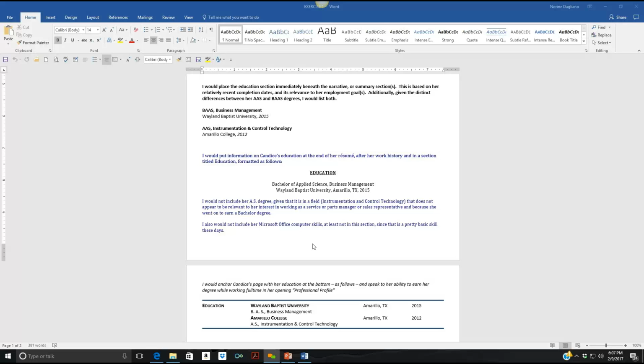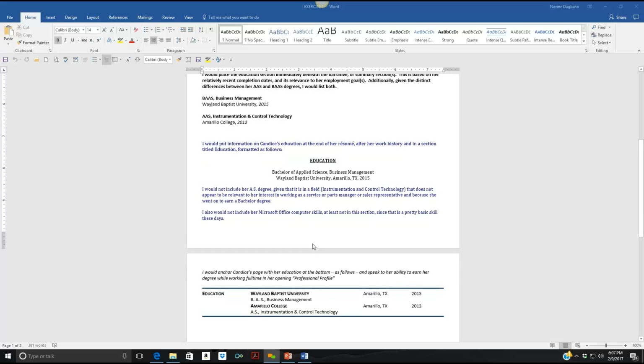On the other hand, I might make the argument that if the job announcement itself specifies that knowledge of Microsoft Office and or Word, Excel, PowerPoint was a job requirement, to make it keyword optimized, I may go ahead and include it.